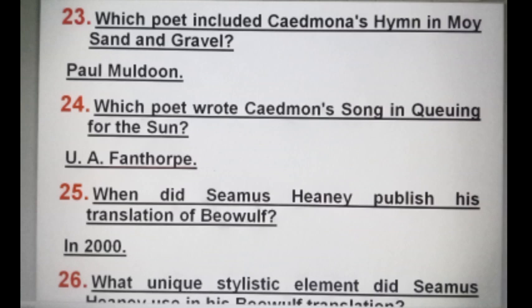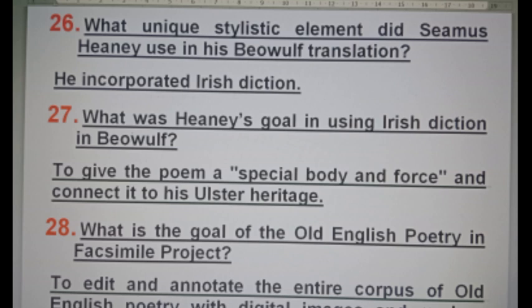What unique stylistic element did Seamus Heaney use in his Beowulf translation? He incorporated Irish diction. What was Seamus Heaney's goal in using Irish diction in Beowulf? To give the poem a special body and force and connect it to his Ulster heritage.